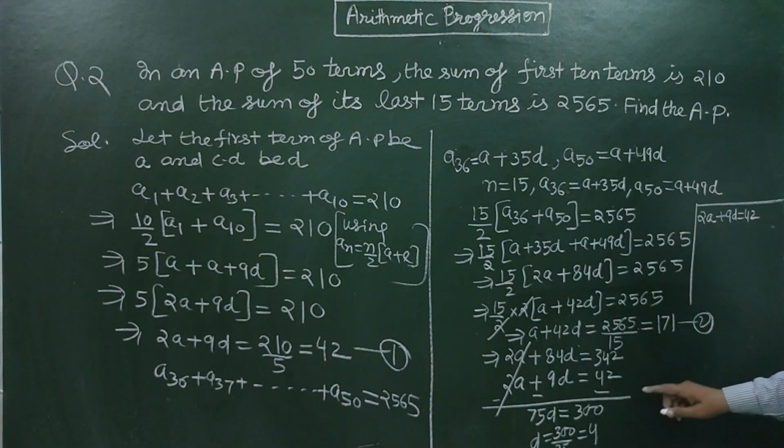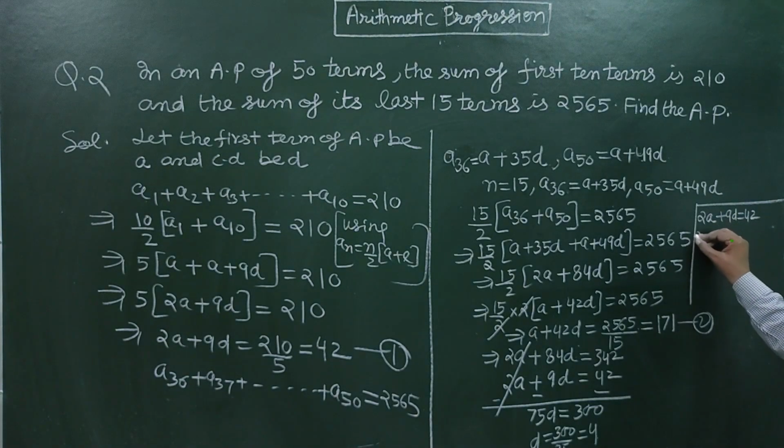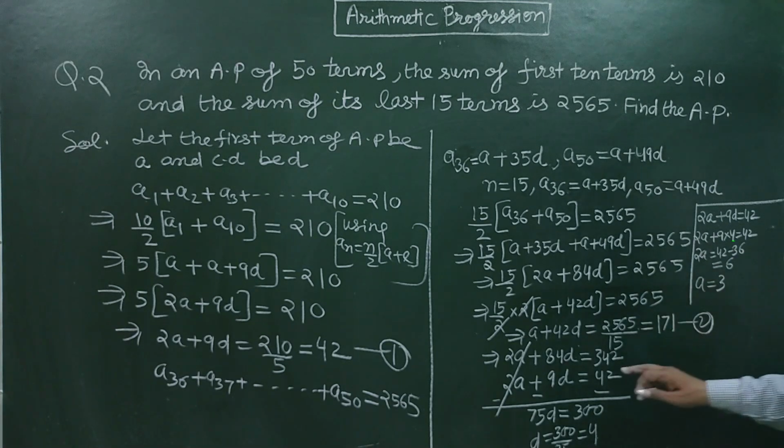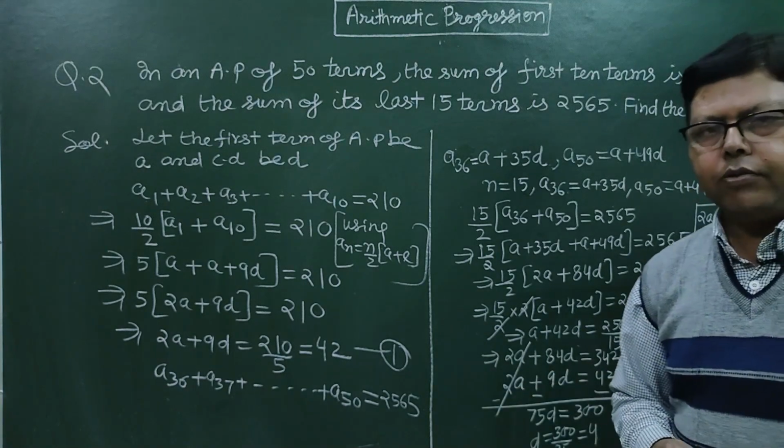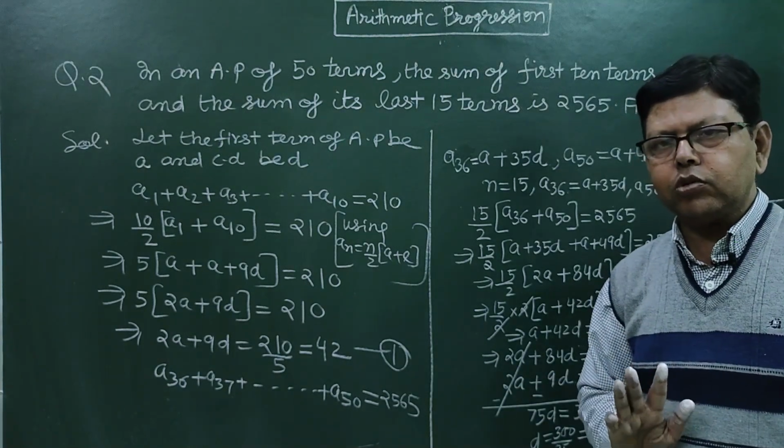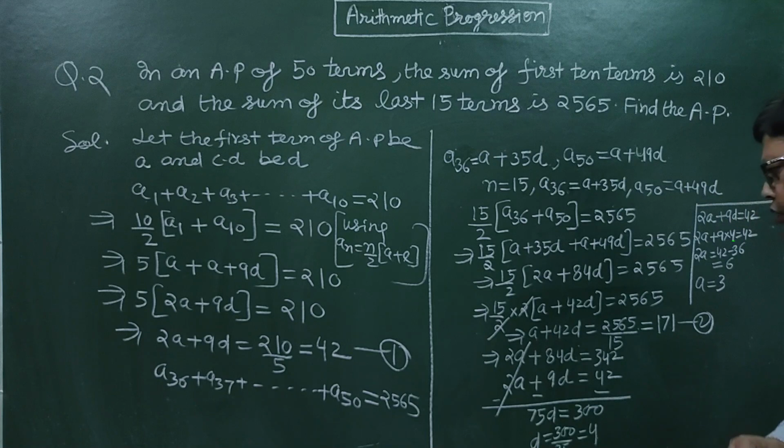Putting D equal to 4, 2A plus 9 into 4 is equal to 42, or 2A is equal to 42 minus 36, that is 6, so the value of A is 3. On solving these two equations, we get A equal to 3 and D equal to 4.